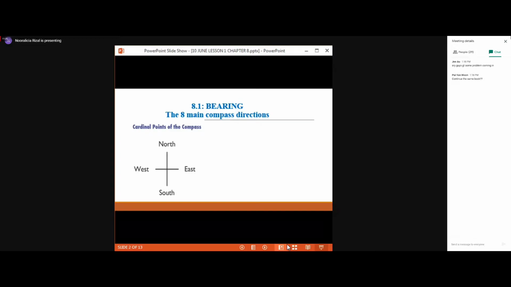And then in between, you can also have the other 4 directions, which are northeast, we have southeast here, southwest, and northwest. Please don't make the mistake with your east and west, basically. Okay, because sometimes I tend to accidentally make the direction wrong.